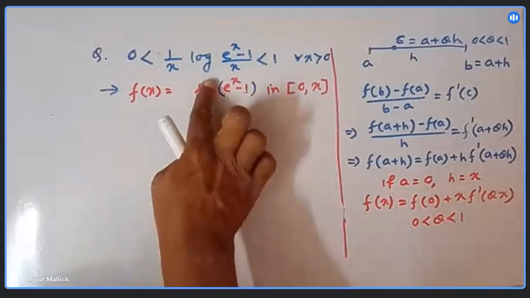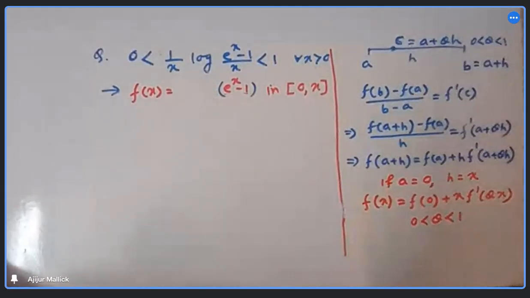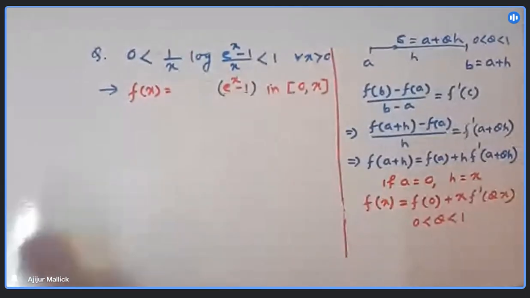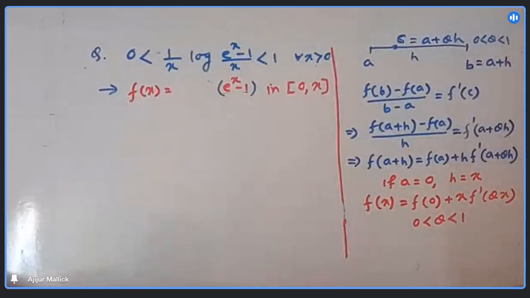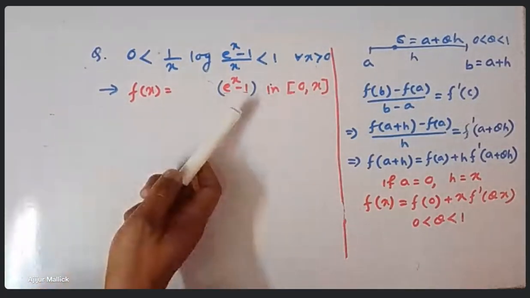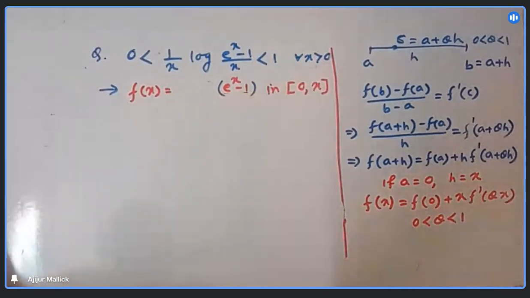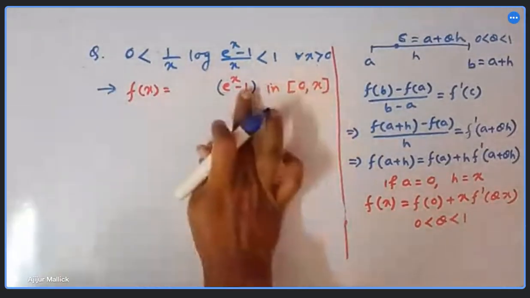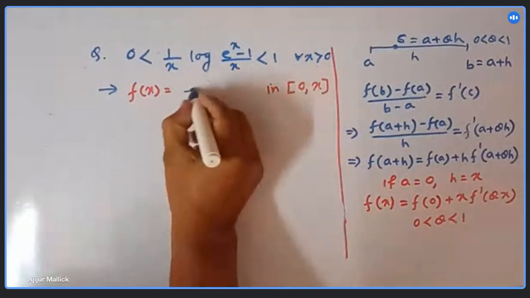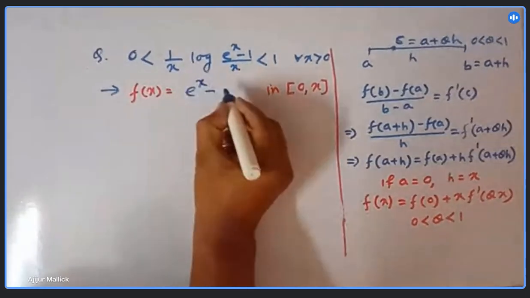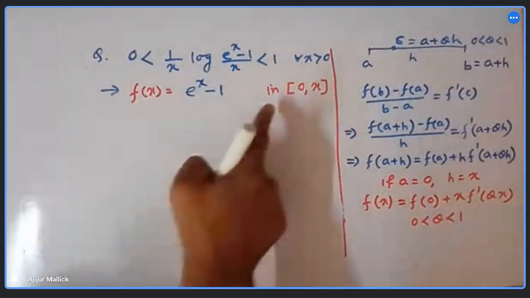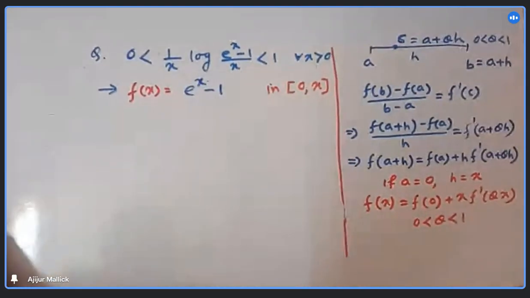So if we remove log, then is it continuous in the closed interval [0, x]? Yes, sir. It is now continuous. So we shall start from f(x) is equal to e to the power x minus 1 in the closed interval [0, x].